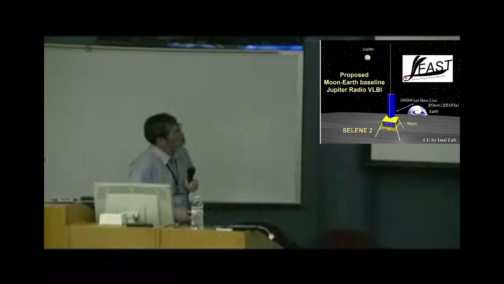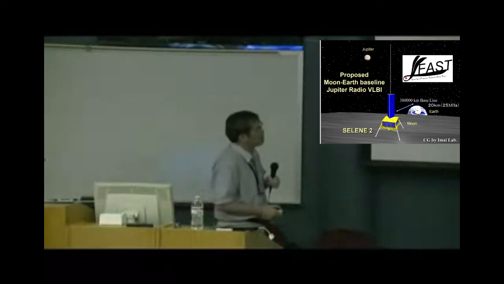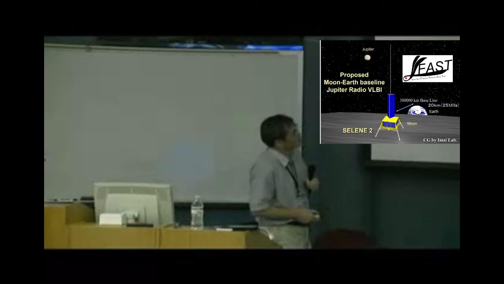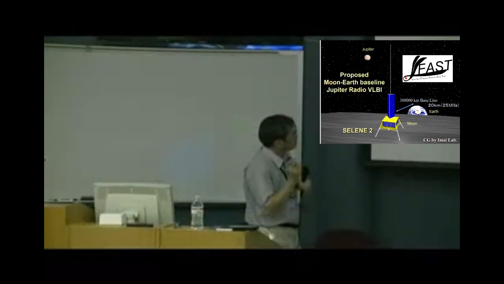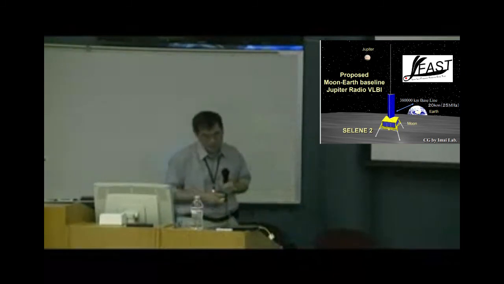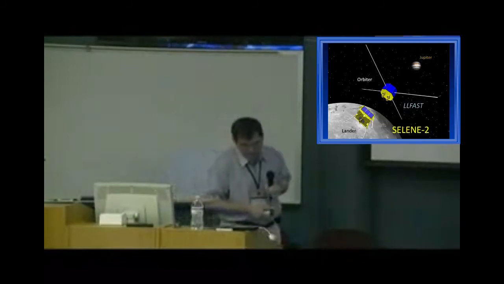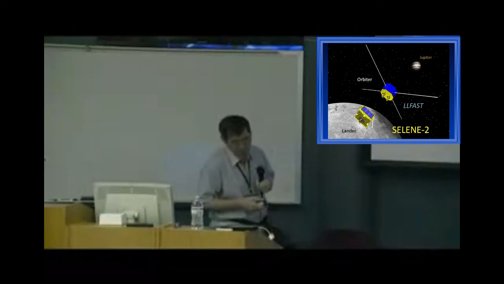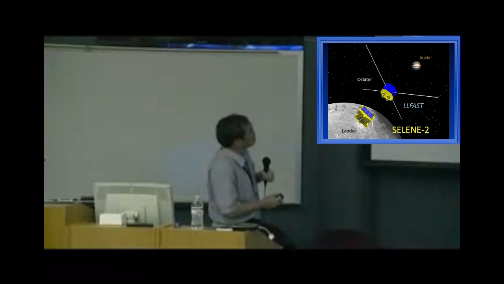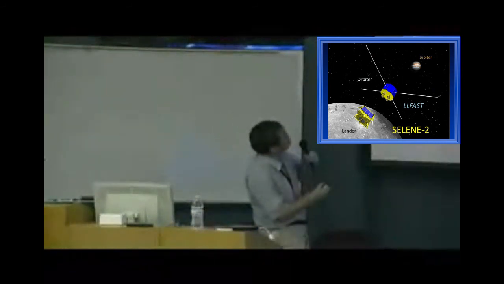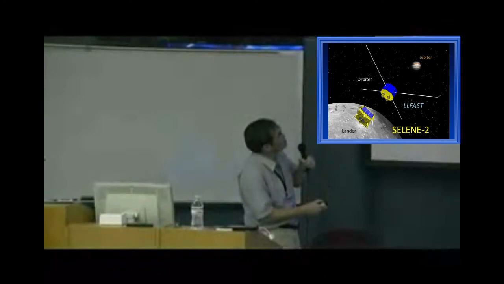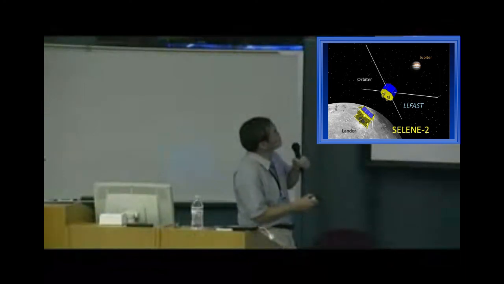Okay, finally, I'd like to introduce our future project. JAXA is considering this kind of lunar lander, and I'm involved in this project. The LL first team, Lunar Low Frequency Astronomy Telescope, so-called LL first.